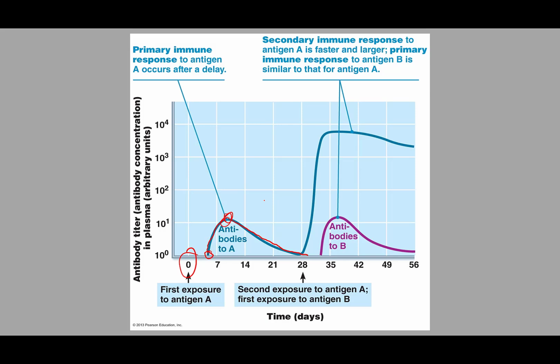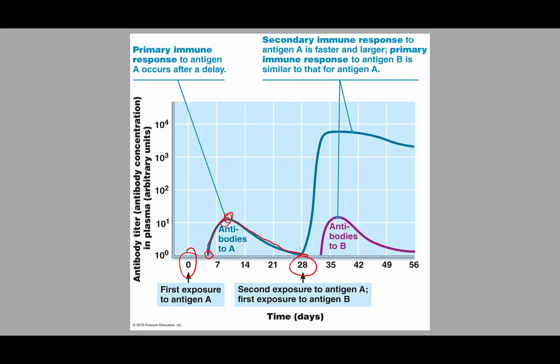If that same pathogen shows up again at another time, here it shows up 28 days later. It could be months later. It could be years later. But remember those memory cells that went and hid?